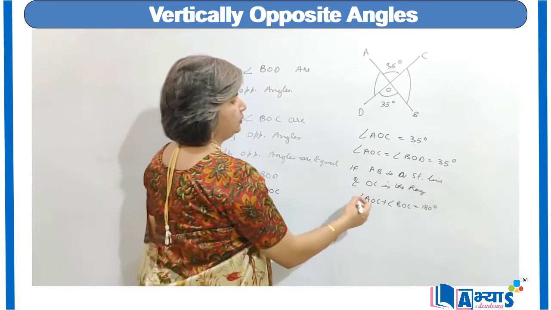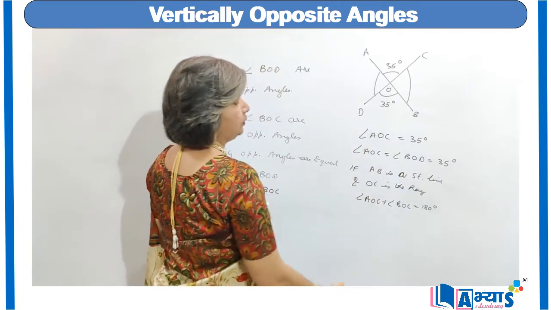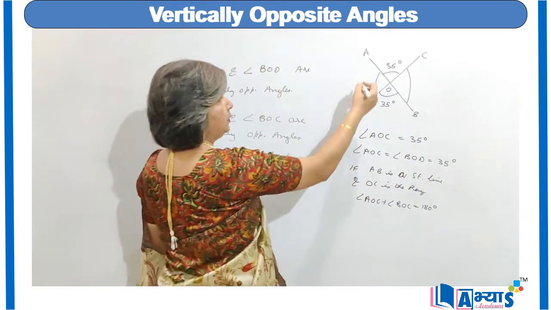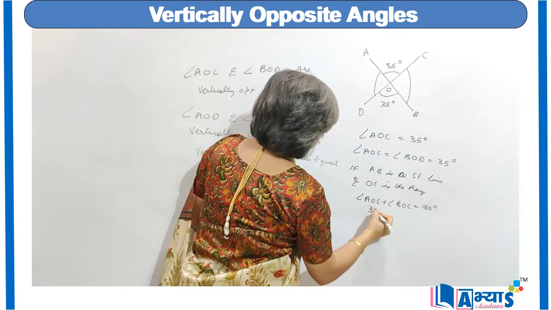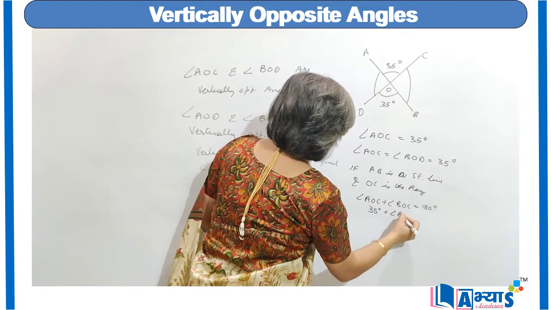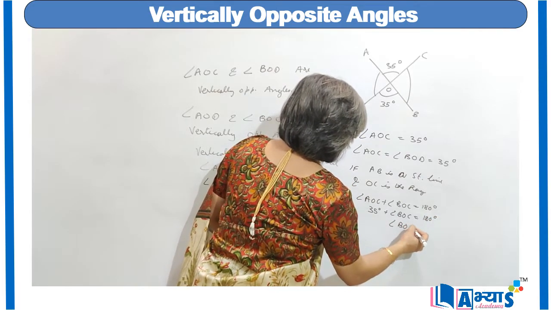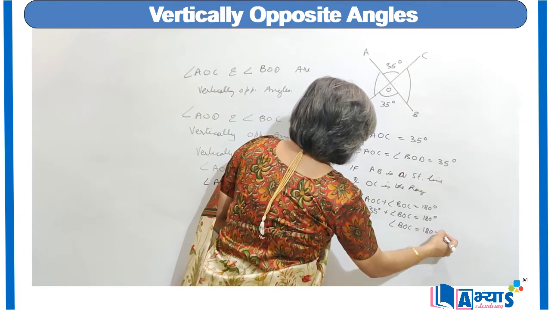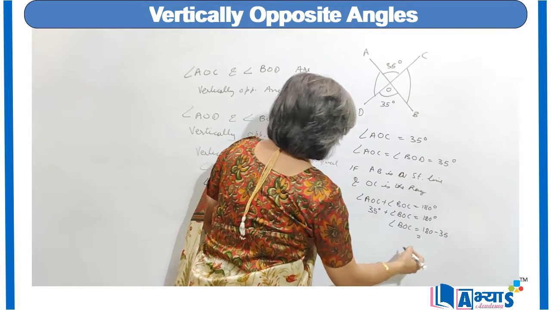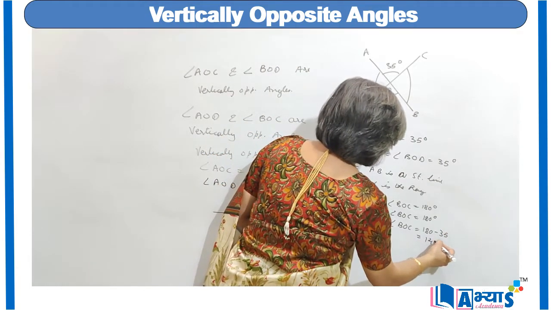So angle AOC plus angle BOC is equal to 180 degrees. As we know, AOC is 35 degrees, so 35 degrees plus angle BOC is equal to 180 degrees, or angle BOC is equal to 180 minus 35, and it will be equal to 145 degrees.